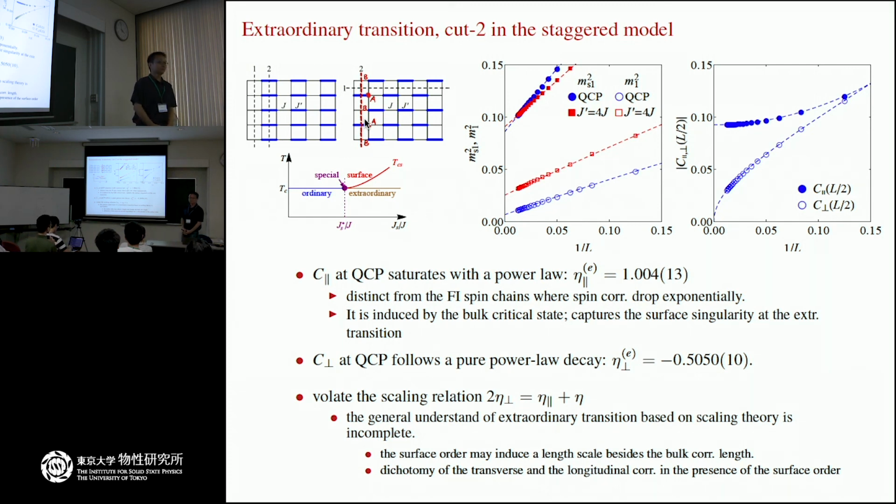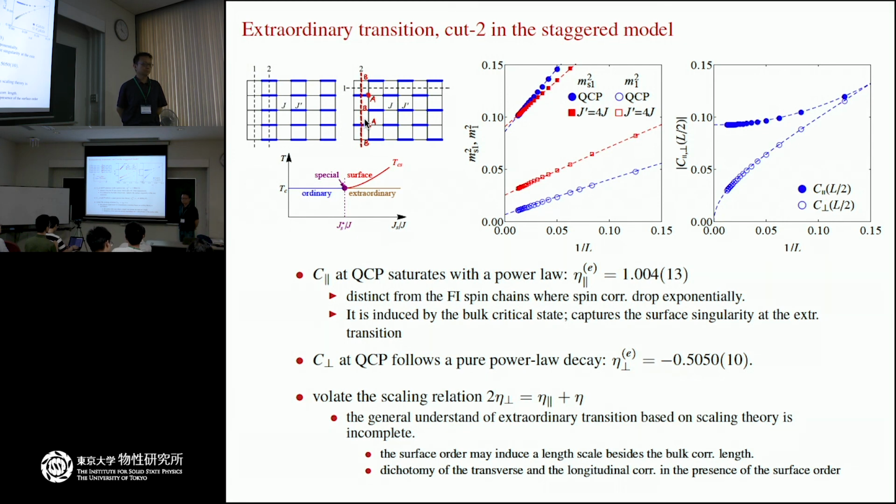May I ask a question? I'm a little bit confused about the extraordinary transition in your calculation. As Kawashima-sensei asked about the relationship between the QCP and the thermal transition, the control parameter in the quantum system corresponds to temperature in this phase diagram, right?